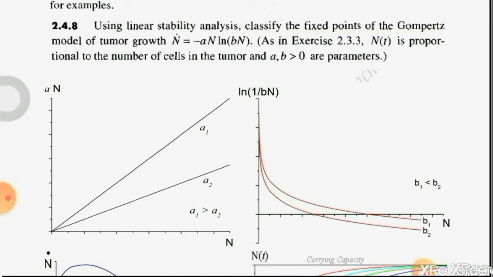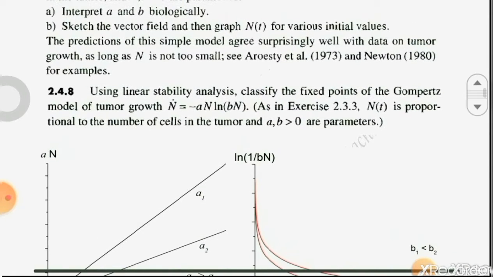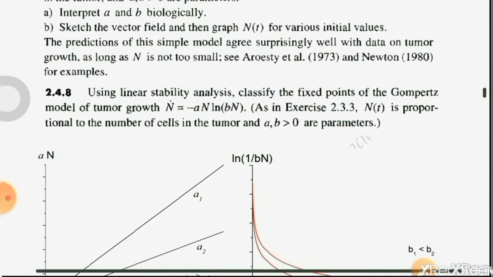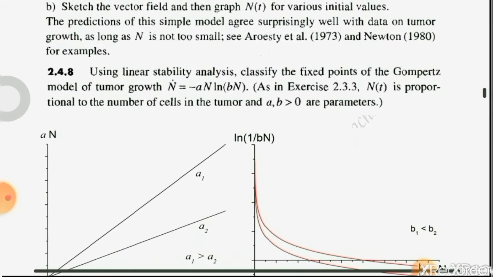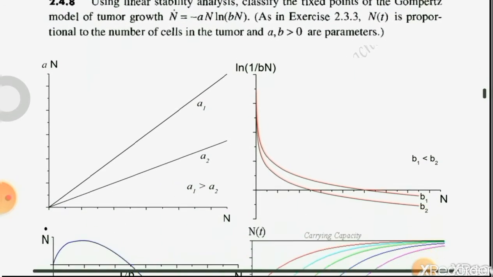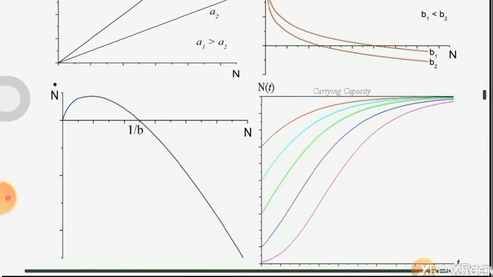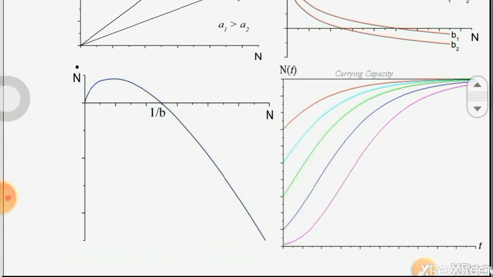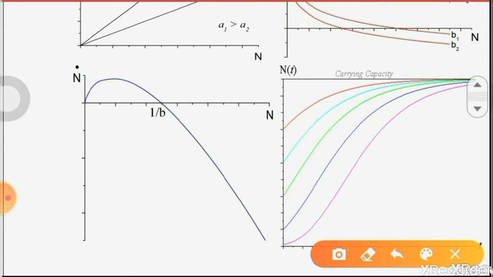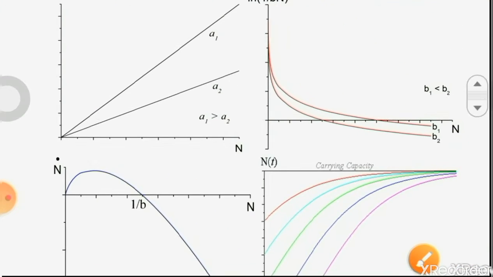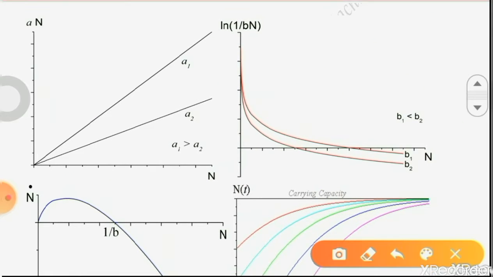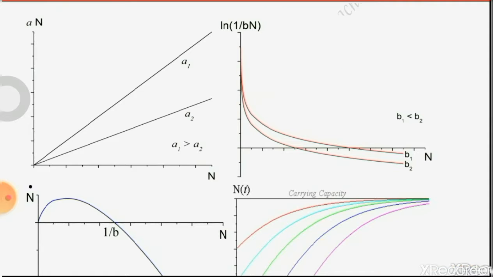Next, our question is to plot the vector field. To plot the vector field means it is a plot of n dot versus n. In this figure, n dot is plotted as a function of n. This is simply the multiplication of these two figures.